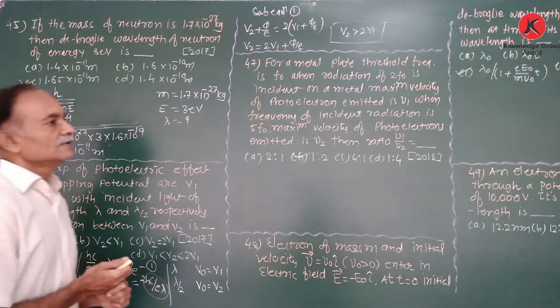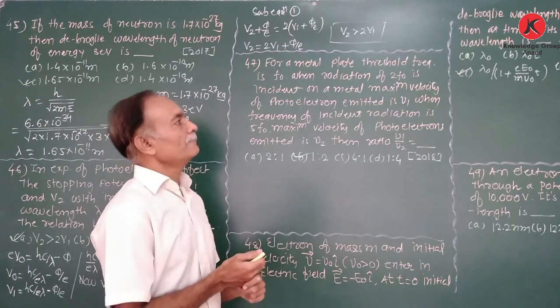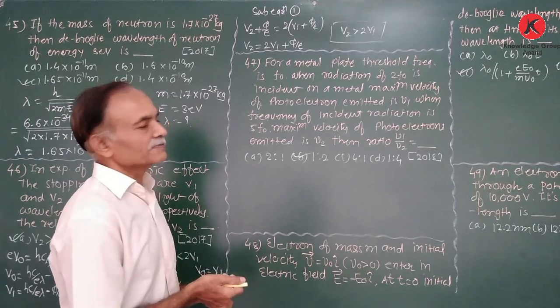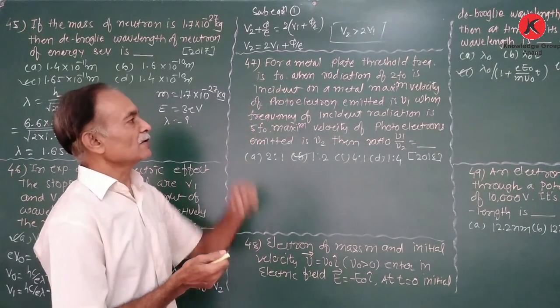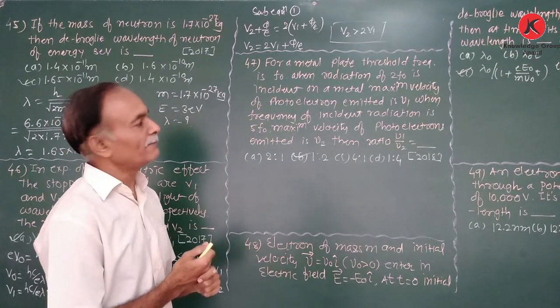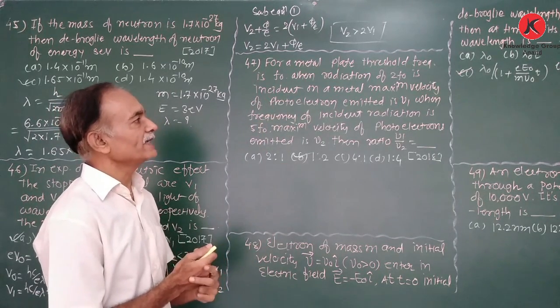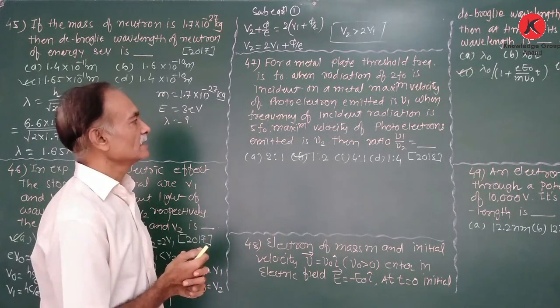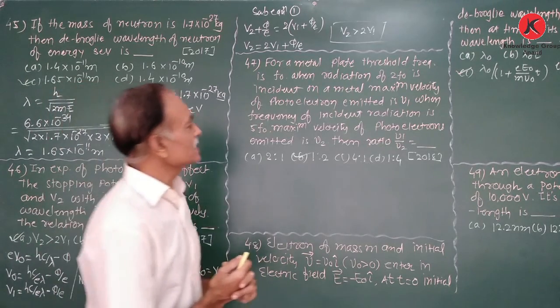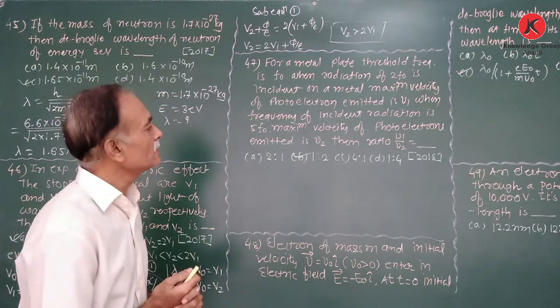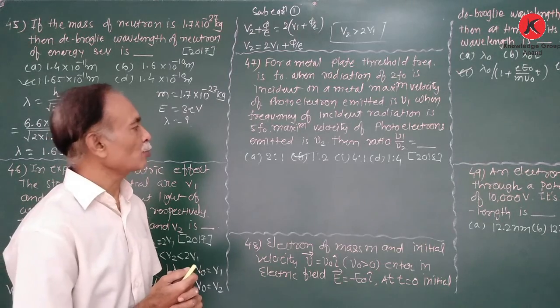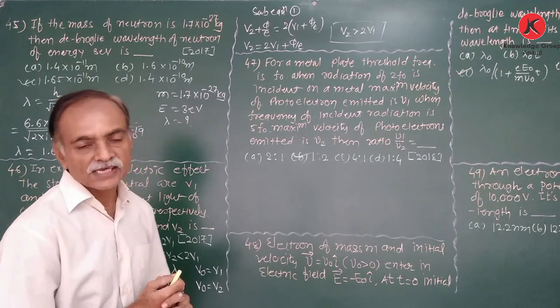Now, next, for a metal plate, the threshold frequency is f0. When radiation of frequency 2f0 is incident on the metal, the maximum velocity of the photoelectrons emitted is v1. And when the frequency of the incident radiation is 5f0, the maximum velocity of the photoelectrons emitted is v2.